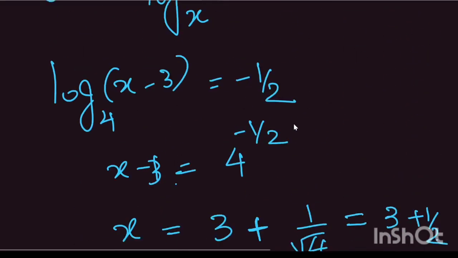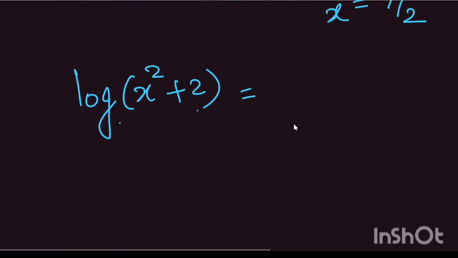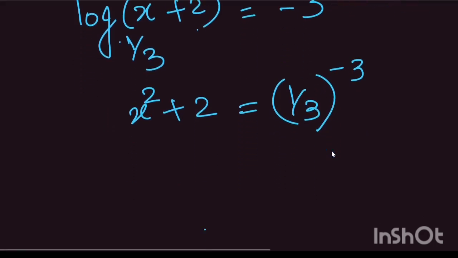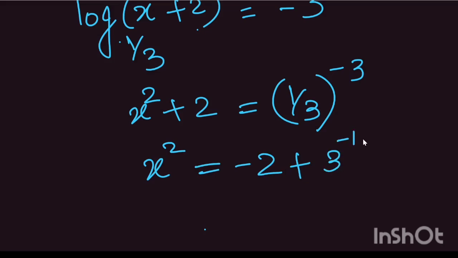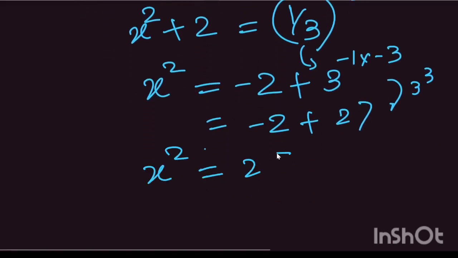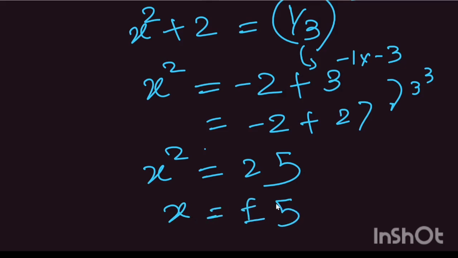Again 1 by 3 will come, it will push minus 3 up, so it will become 1 by 3 to the power minus 3. 2 will go on the right hand side: minus 2 plus 3 to the power minus 1, you can write 1 by 3 into minus 3, it becomes minus 2 plus this is 3 cube, which is 27. 27 minus 2, x square is 25, x is equal to plus minus 5, okay, is the answer.